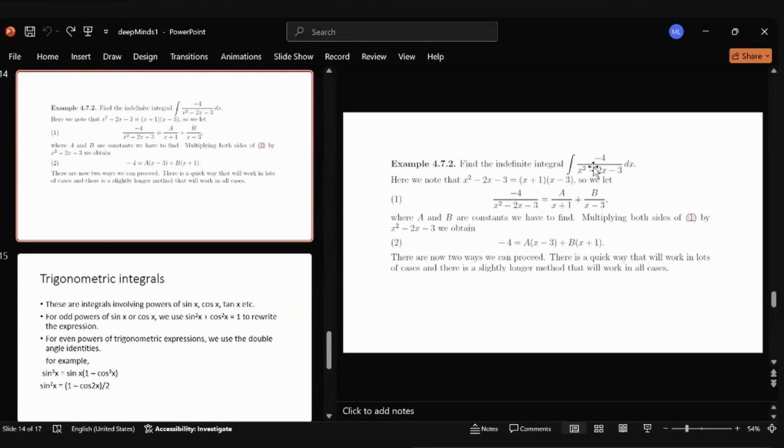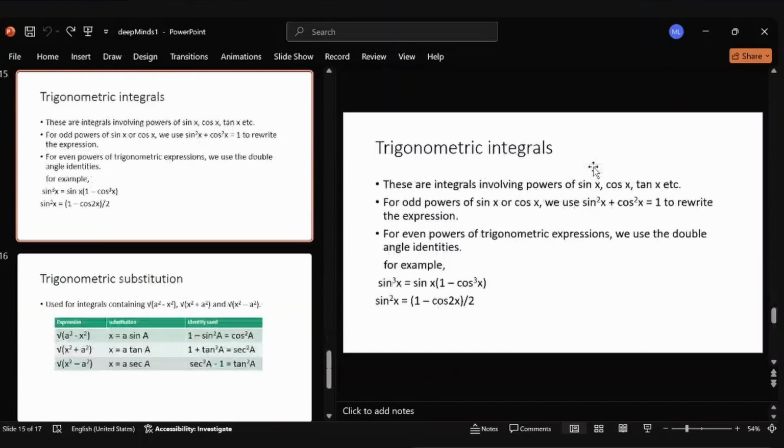And then we have trigonometric integrals. These are integrals involving powers of sin x, cos x, tan x, etc. For odd powers of sin x and cos x, we use the trigonometric identity to write the expression. For even powers, we use the double angle identities.